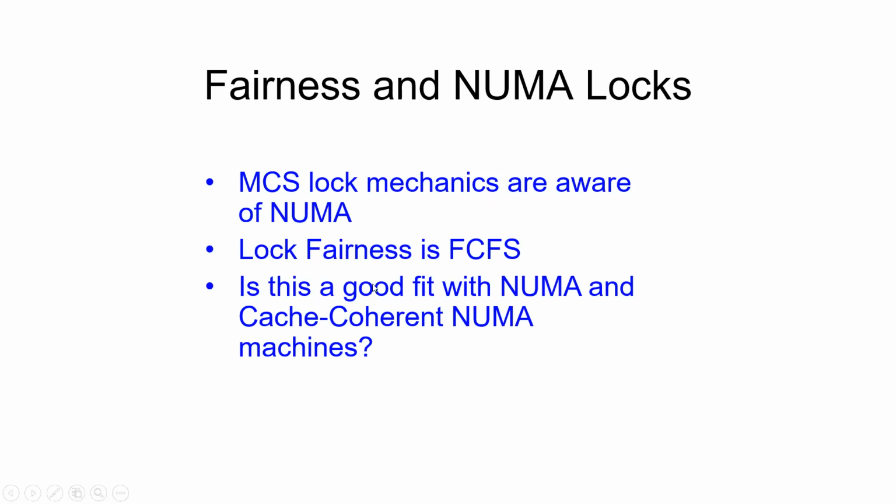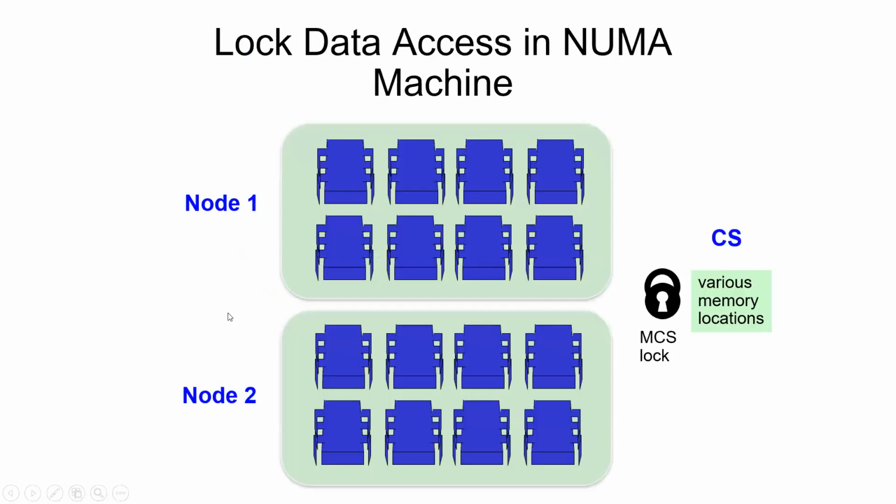The problem is that it is a good fit with NUMA and cache coherent NUMA machines. That is the main thing. Now, if you look at this particular NUMA machine, it has two NUMA nodes, NUMA node 1 and NUMA node 2, each with 8 processors.